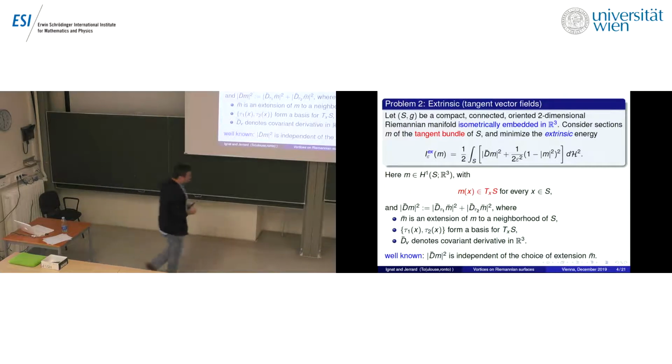Okay. So let me make a picture. If this is your surface, so this is embedded. So you have a normal vector. This is the Gauss map, and you take a frame, τ1, τ2. And then you have some smooth vector field there, and you differentiate it. So the differential goes out in general.